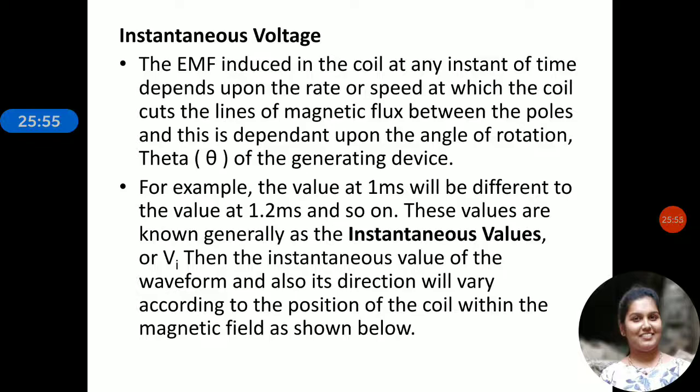After knowing this point, we should also know a point called instantaneous voltage. In the previous video, we mentioned instantaneous voltage. For an AC signal, we always calculate the present value, that is nothing but the instantaneous value. When we consider a DC signal, the amplitude will remain constant, so at any point of time the value will be the same.